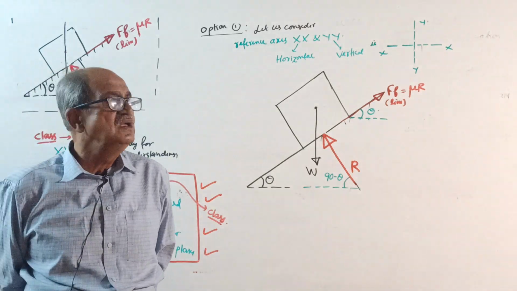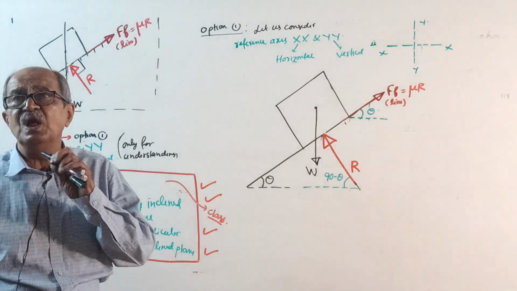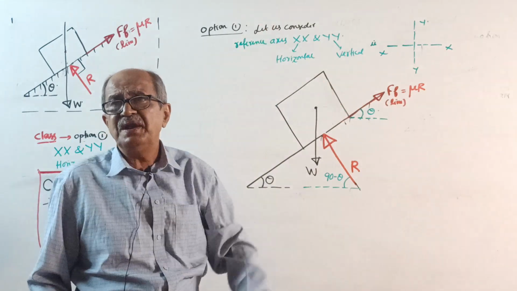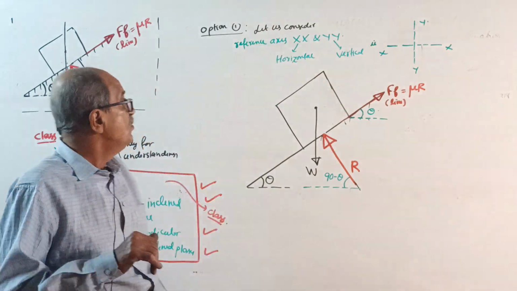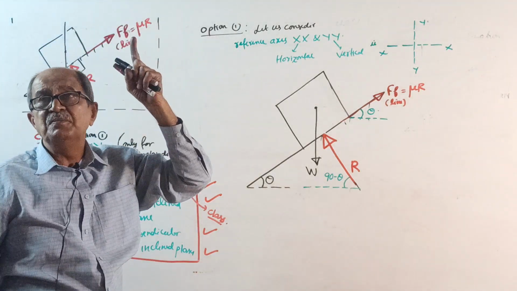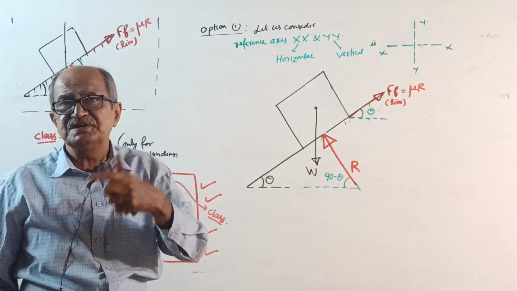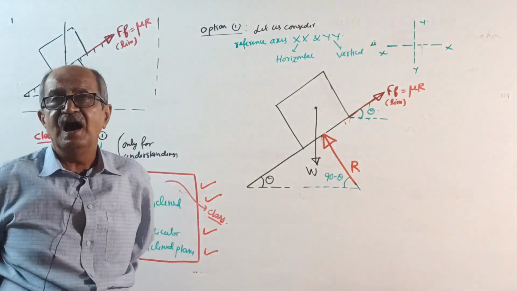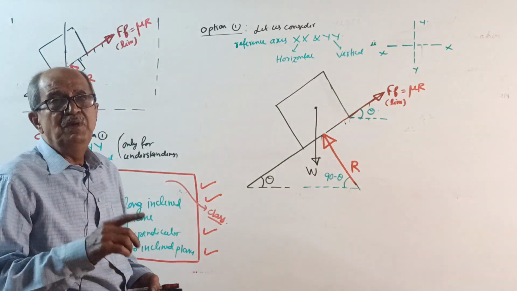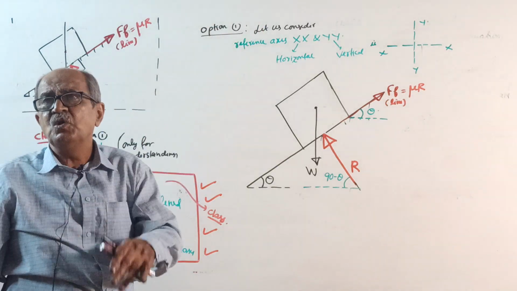Up to now in engineering mechanics we considered x horizontal, y vertical. But when you get inclined plane questions in friction, or later in radial shear and normal thrust in arches in structural analysis, be careful. The best option is x along the plane, y perpendicular.